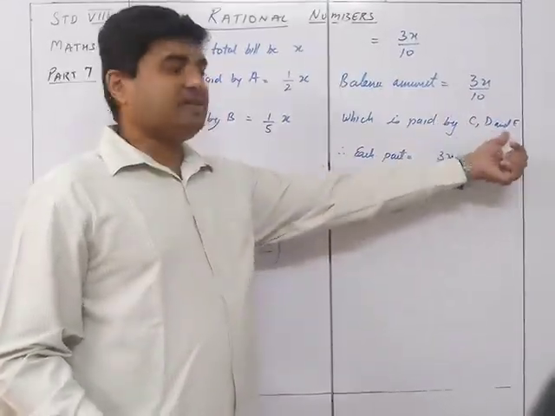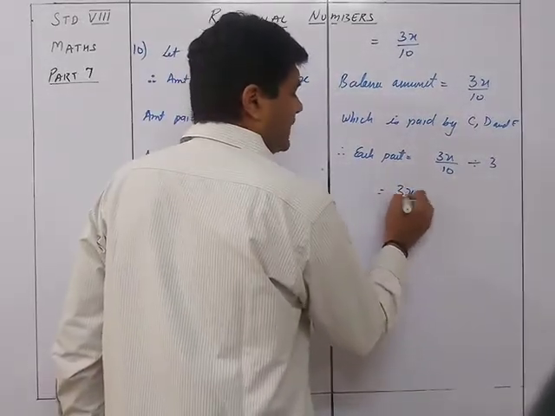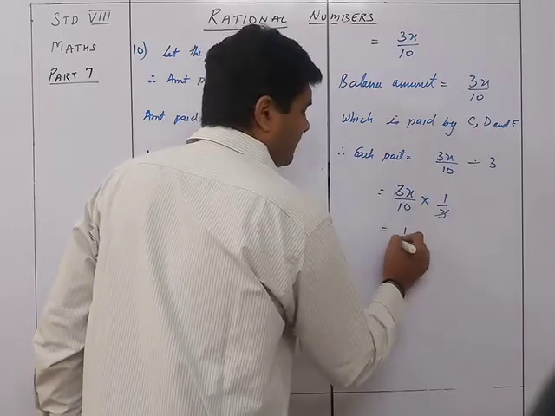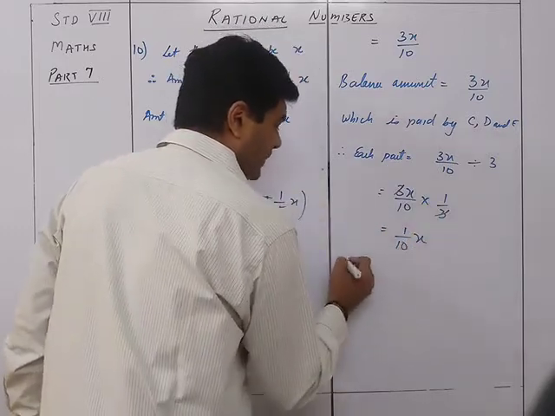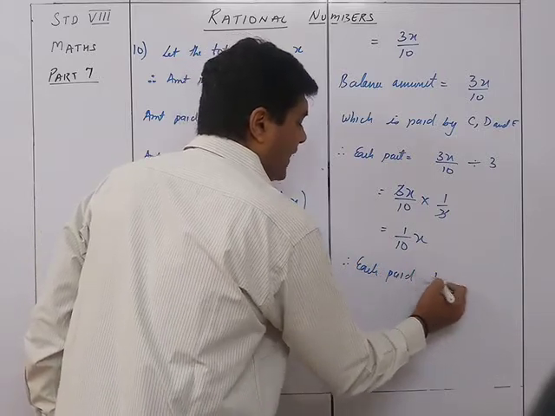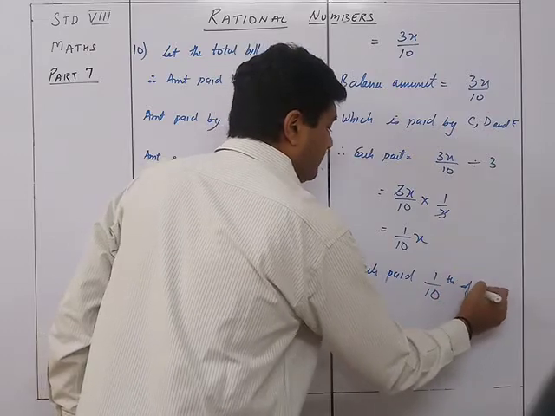This is shared by these 3 people equally, so it is divided by 3. So it is equal to 3X upon 10 into 1 upon 3. So that is going to be 1 upon 10X. Therefore, each paid 1/10 of the bill.